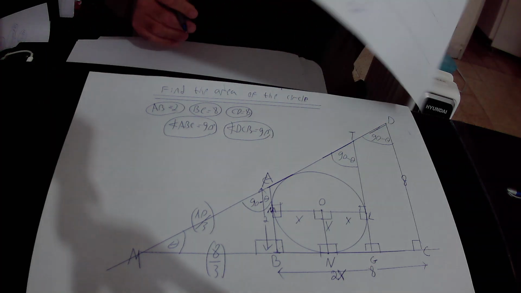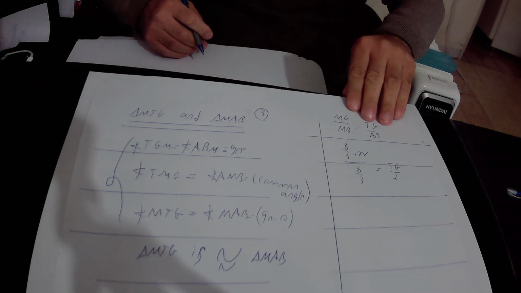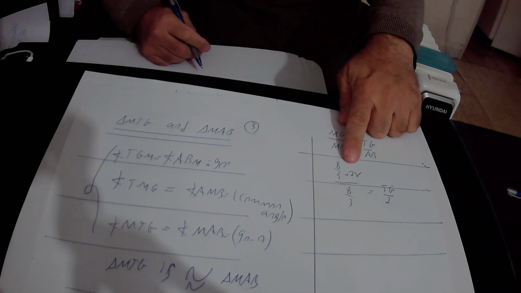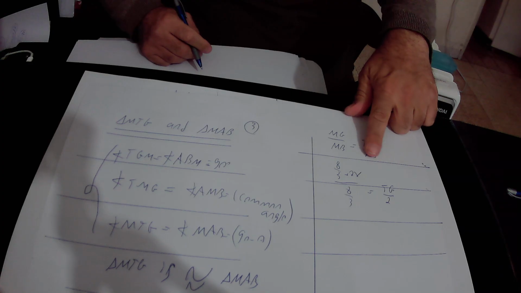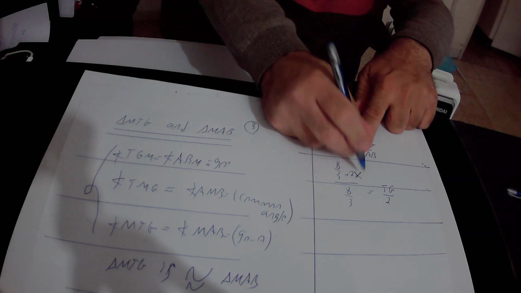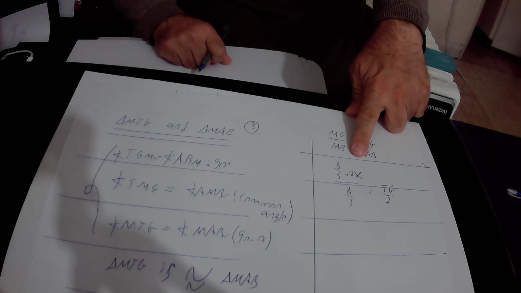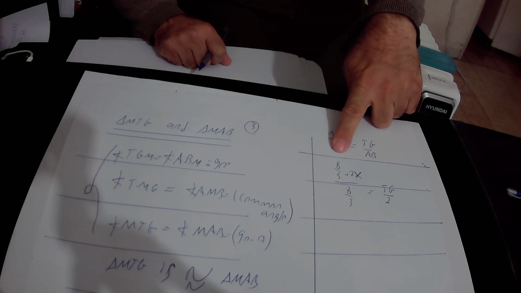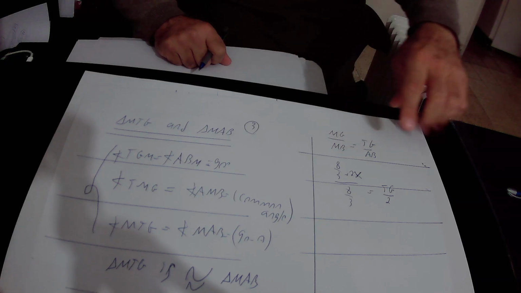So we found out that 8 over 3 plus 2x over 8 over 3 equals to TG over 2. Here we multiply 2x by 3 and then we divide it by 3 in order to have a common factor with 8 over 3.